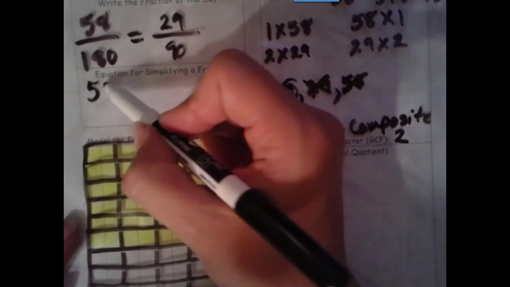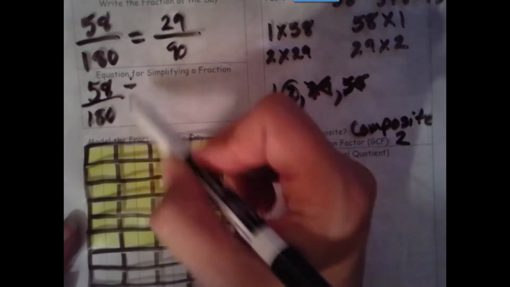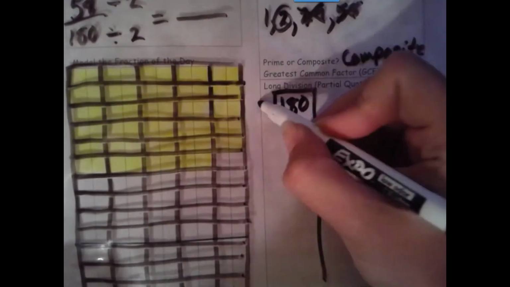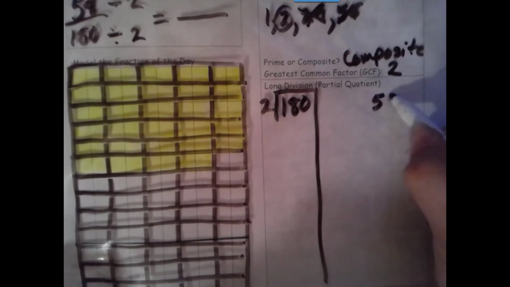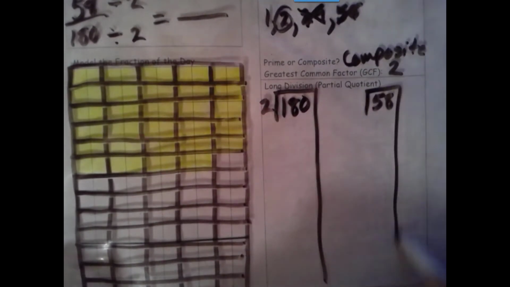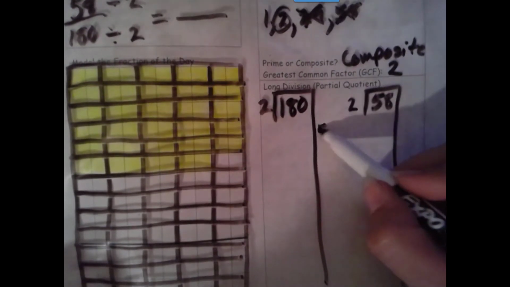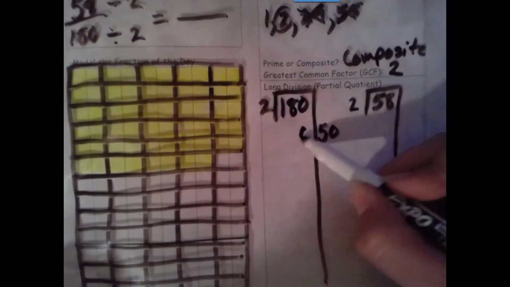Now that we've done our division with our model, let's go ahead and use our algorithm, dividing everything into groups of 2. So 180 divided by 2 and 58 divided by 2. Well, I know 2 times 50 will give me 100.